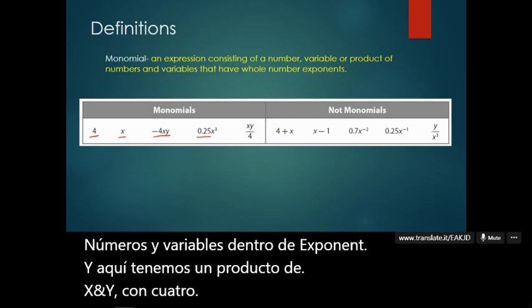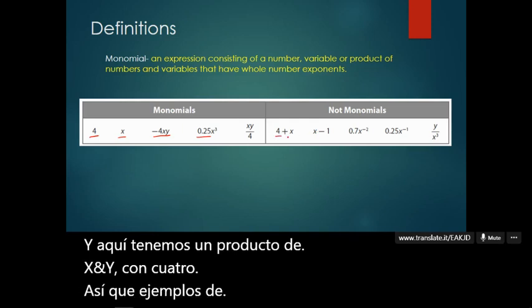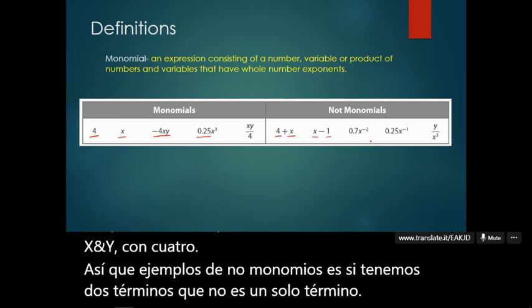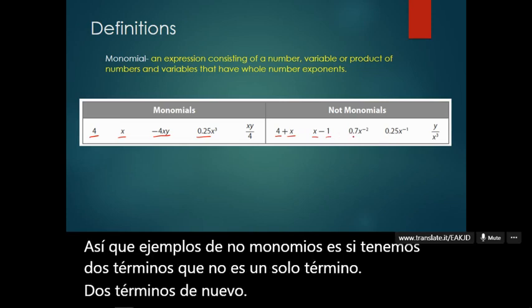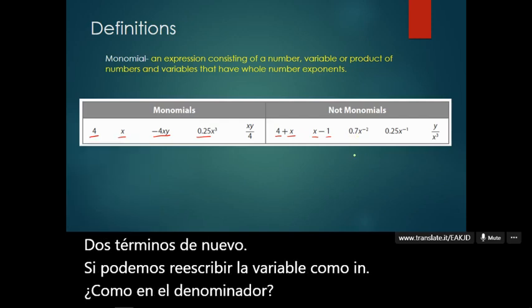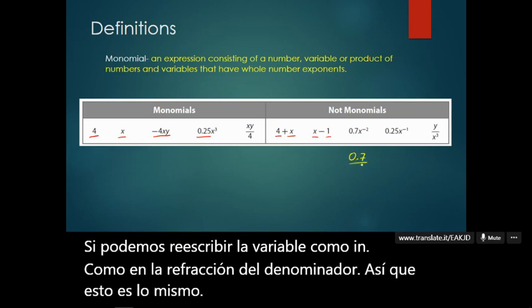So examples of not monomials is if we have two terms, that's not a single term, two terms again. If we can rewrite the variable in the denominator of a fraction, so this is the same as 0.7 over x squared, so not a monomial.